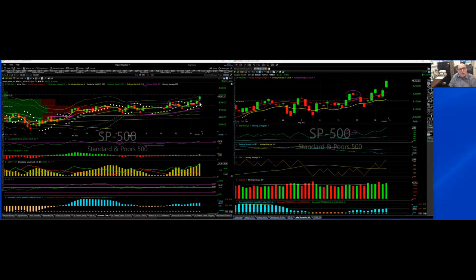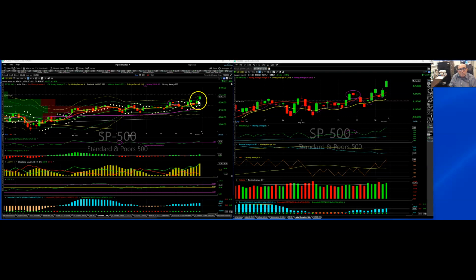So it won't be surprising to see a consolidation period come next week or so, because that's just the way things are. People take profits at this level. There are algorithmic trading programs that are set up to take profits at that level. So that's what happens. In any case, on the daily chart, what do we have?